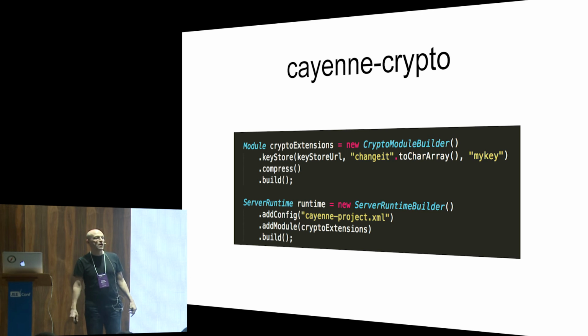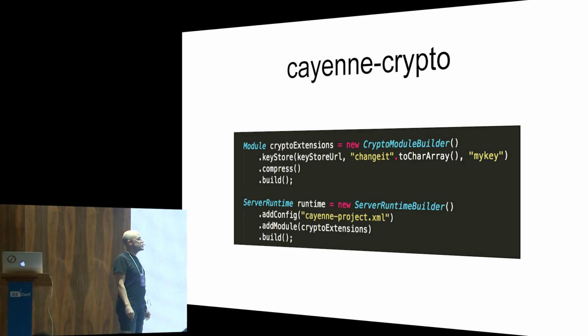Cayenne-crypto. Cryptography is an interesting topic, and while writing that, I tried to get deeper into it, but not too deep, because you can really get lost there. Cryptography is nice, and we're used to encrypting data in transit, right?